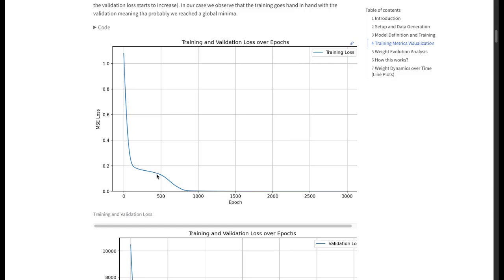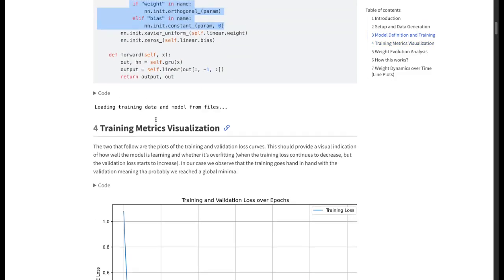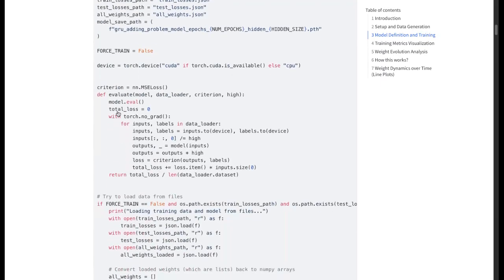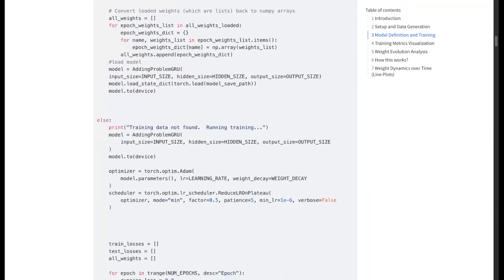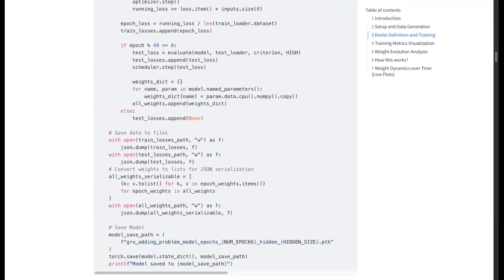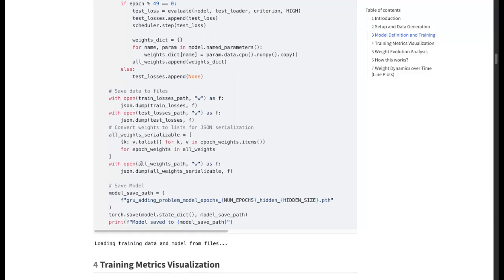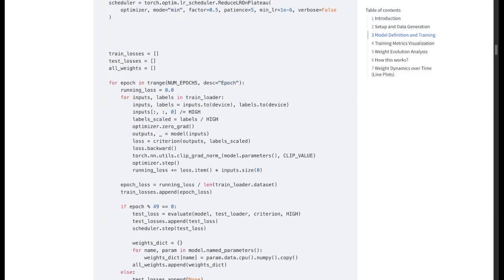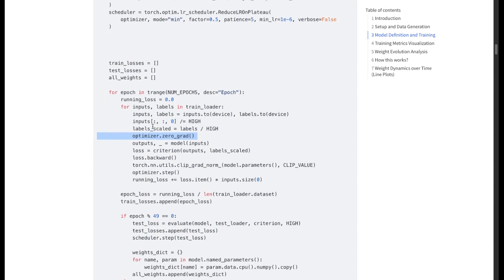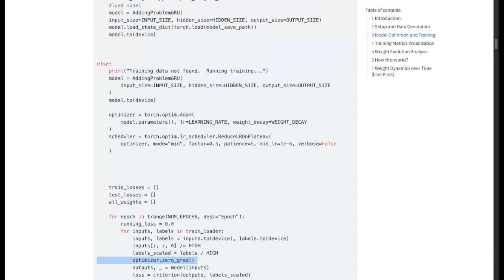It plateaus because of what we employed in the training. Maybe it's here. Let me see. I don't find it now. In the optimizer, we employed... oh, here. We employed a reduced learning rate on plateau.